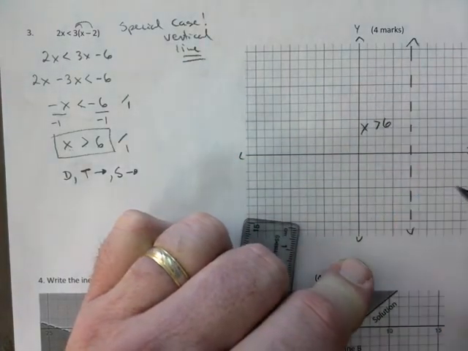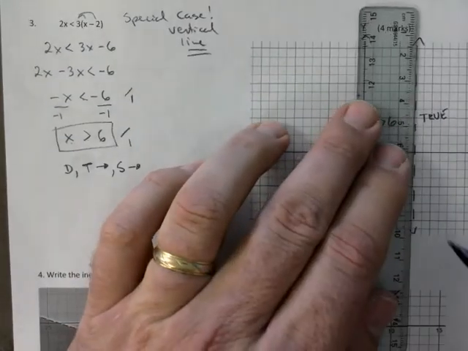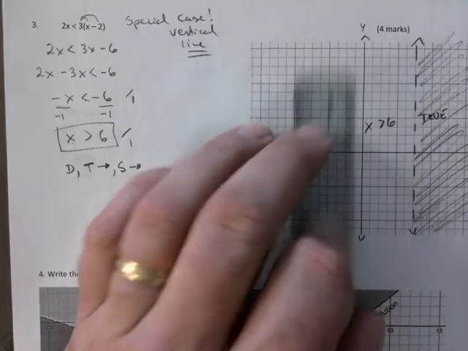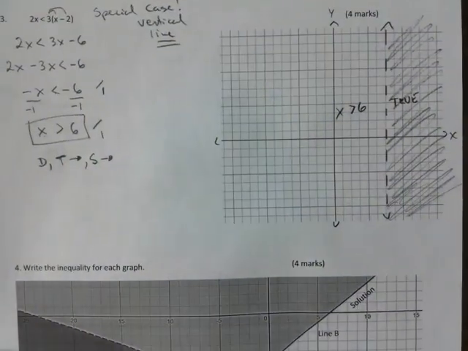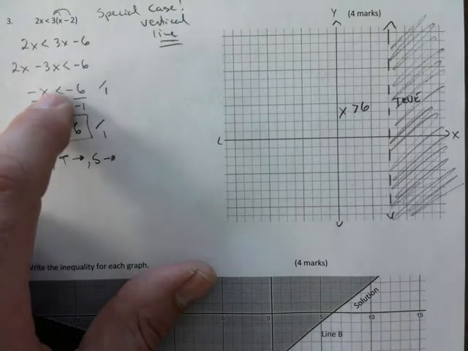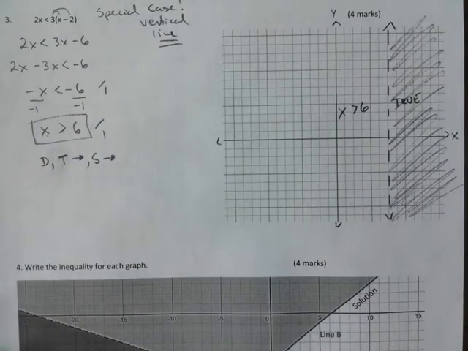X is greater than 6. True is here. And you go ahead and shade that. There you go. 2 marks for the graph because all the same things need to happen. I think it's a little easier, but still will give you. I think this should have been probably worth 3 marks, but because I had that added distribution and flipping the sign, will make it worth that much today.